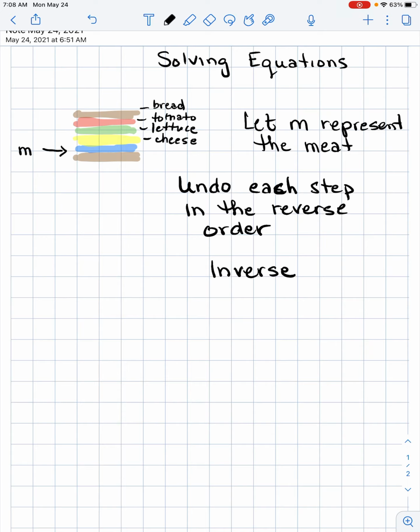I'm not going to slide the cheese out from under the lettuce and the tomato. I'm going to take the lettuce and tomato off first. So let's do that, okay? So let's do, here, let's kind of write it as an equation. So it's going to be meat plus cheese.